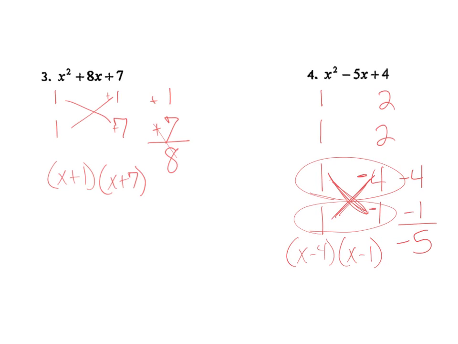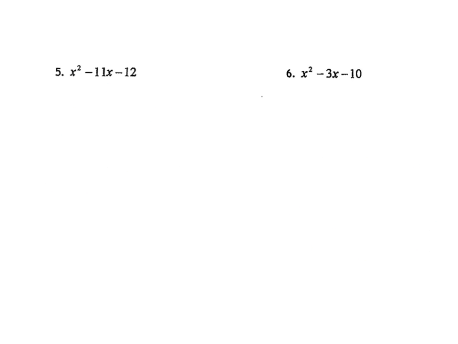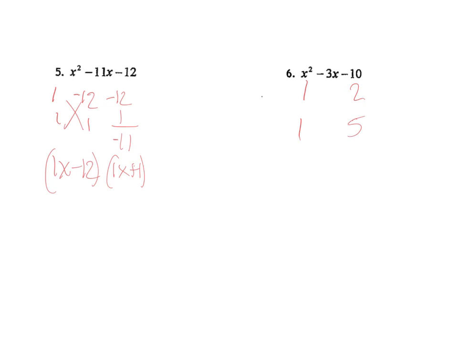Is this easy, hard? What do you think? Easy. Do 5 and 6 on your own. See what you think. So 5 looks good. For number 6, 1 and 1. 2 and 5.